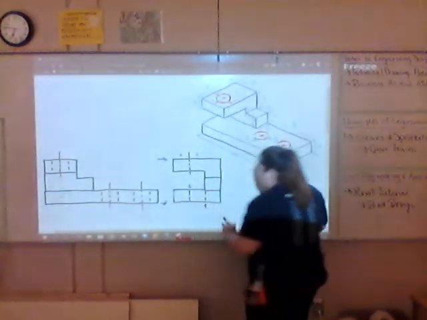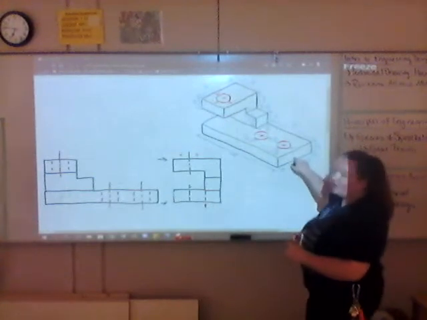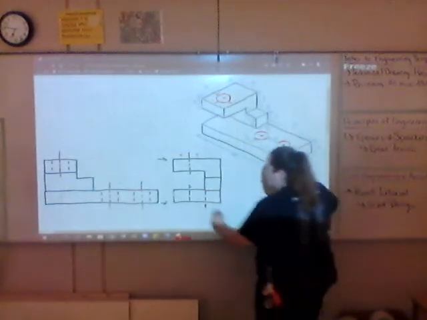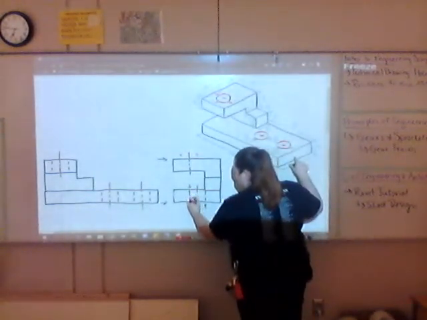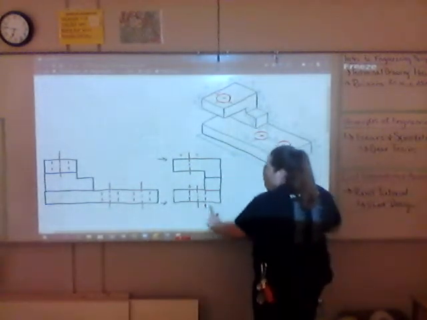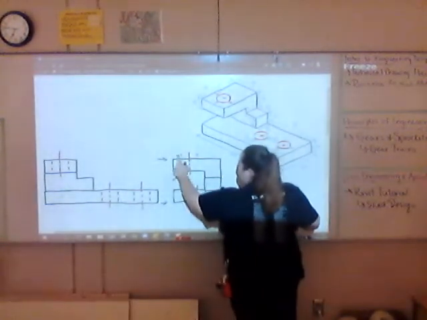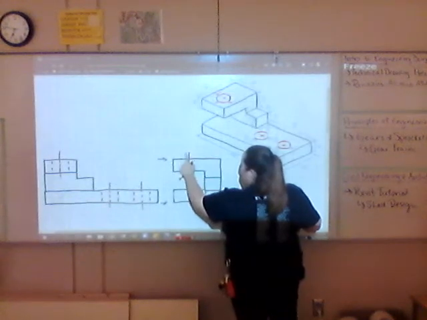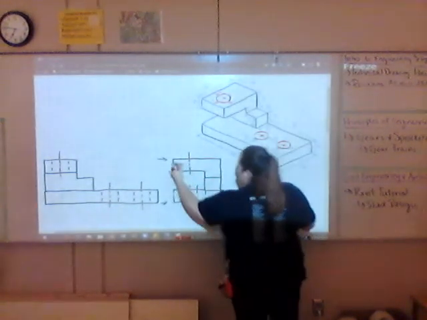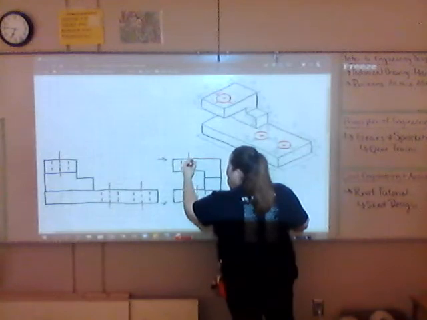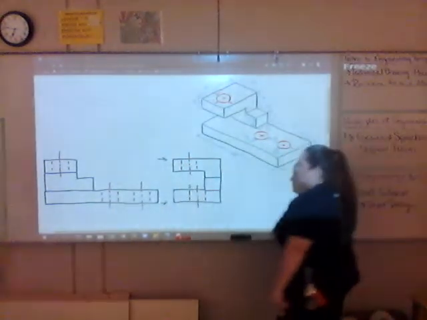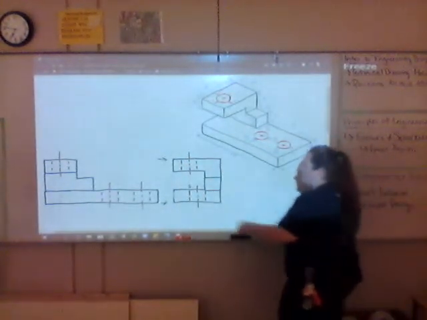And because they're lined up, we're not going to see the difference between the two necessarily. But we're going to end up with those right there. Okay? So that's going to be our, oops, I forgot the hidden lines here. Okay? So those are where our circles are in the side view.